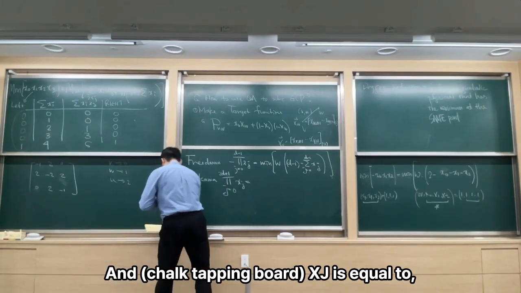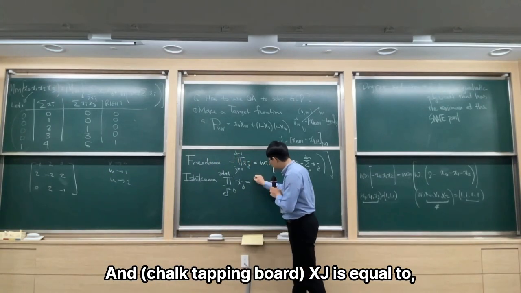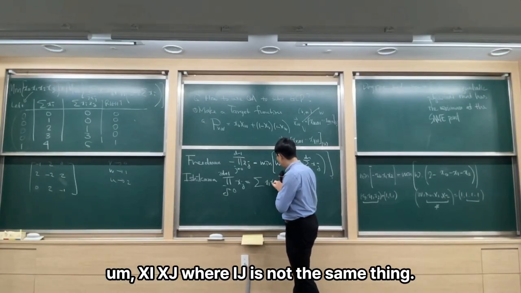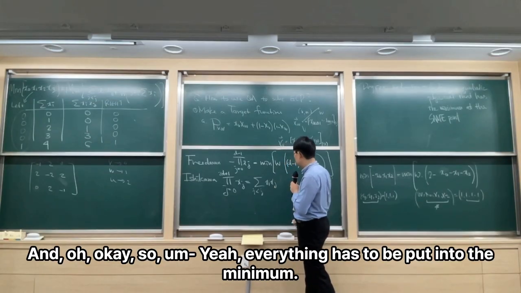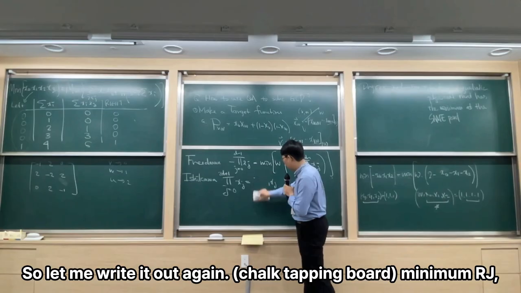And xj is equal to xi, xj, where i and j are not the same thing. Oh, okay, so everything has to be put into the minimum, so let me write it down again.